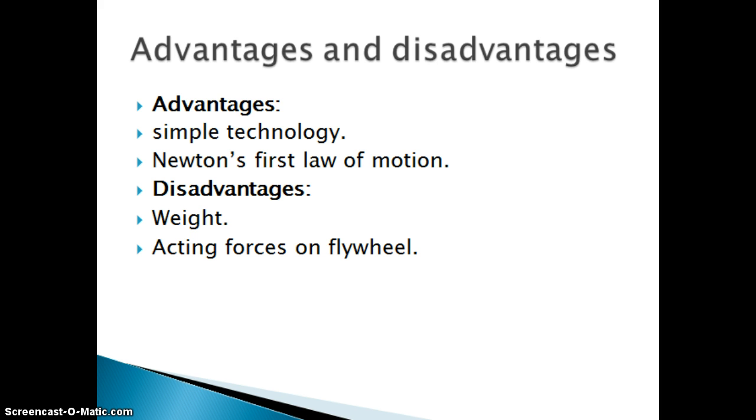Flywheels have small friction because they spin on bearings that reduce the friction. Due to this fact, flywheels use the first law of motion efficiently. This fact is one of the important features that distinguish flywheel energy storage from other energy storage.